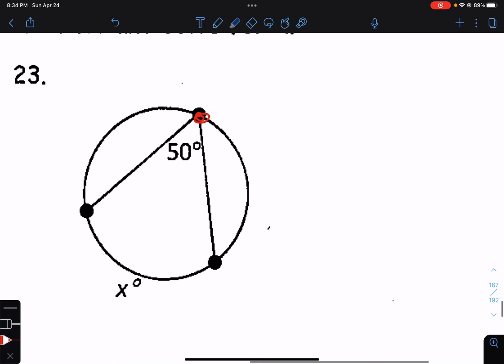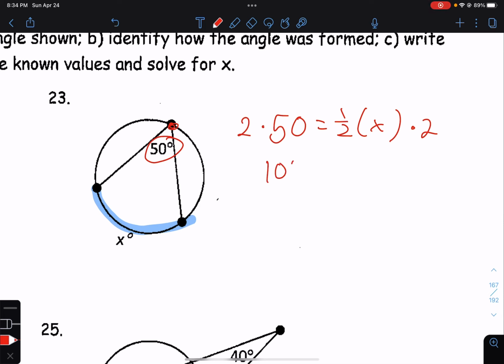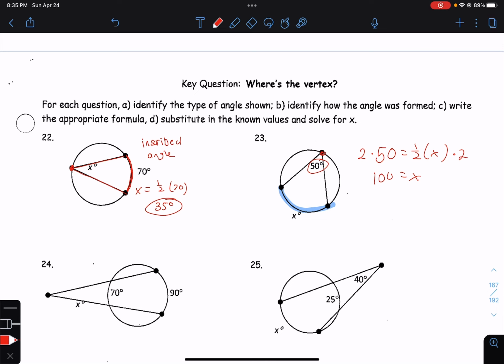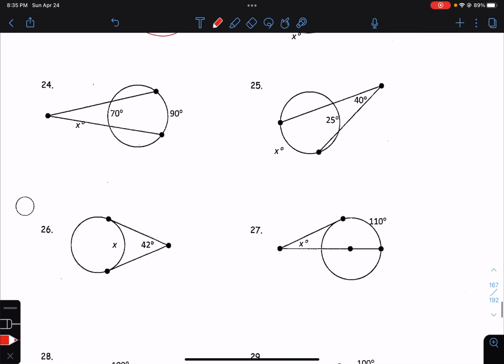We would say that 50 equals 1/2 of the arc, so we multiply both sides and get 100. An easier way to think about it: if you're going from the arc to the angle, you halve it. If you're going from the angle to the arc, you double it.